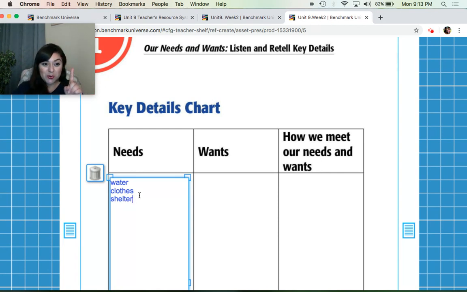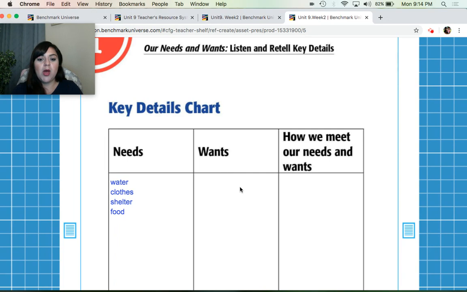And there was one more thing that we really need to survive. Food. Okay, so I know those were some key details that I heard about in the text. Here's some needs. We need water, clothes, shelter, and food to survive.